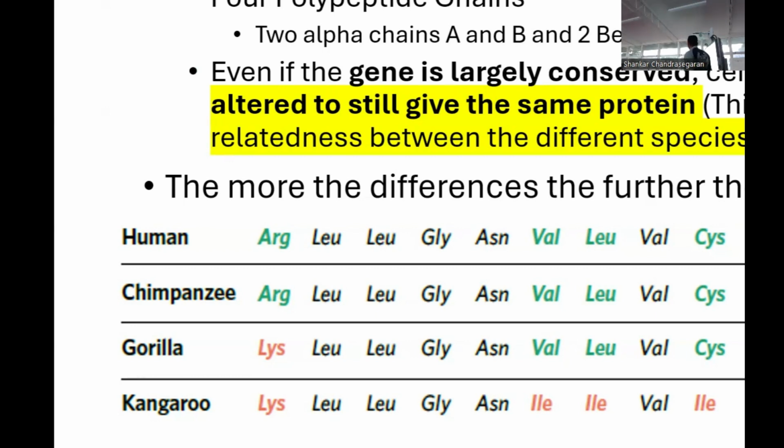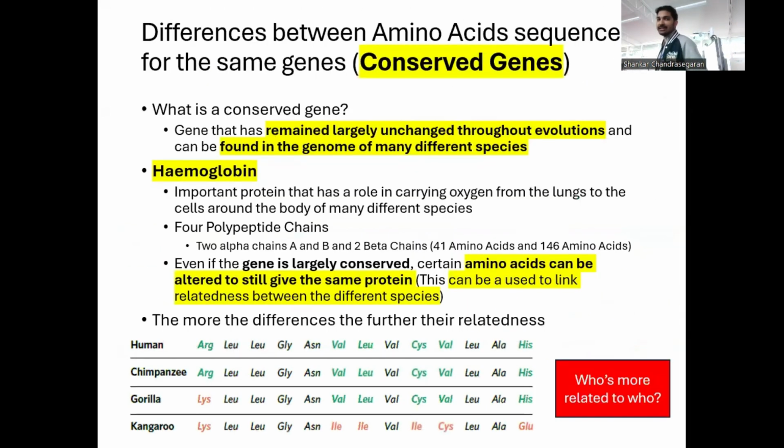That's it. It's as simple as that. Basically, look at how many differences there are in the amino acid sequence, and as a result, you can determine how closely related they are. When you study this, you can already see that humans and chimpanzees have an almost identical amino acid sequence to make hemoglobin. That means they are much more closely related.